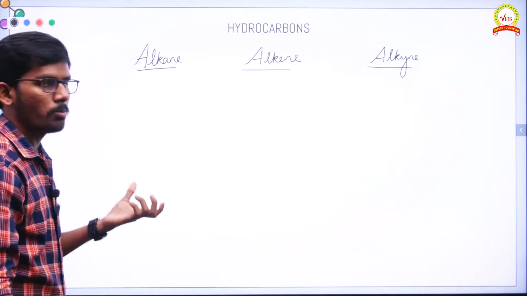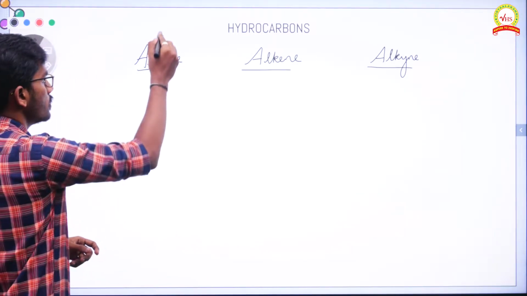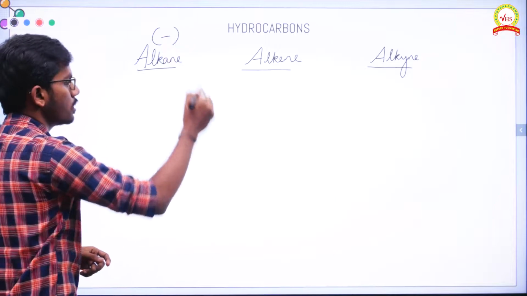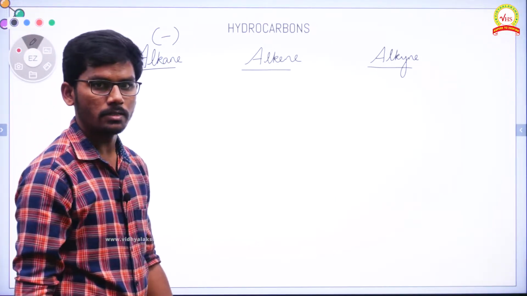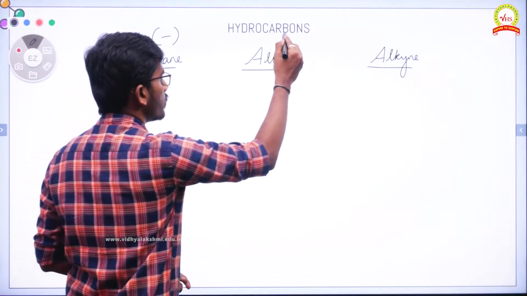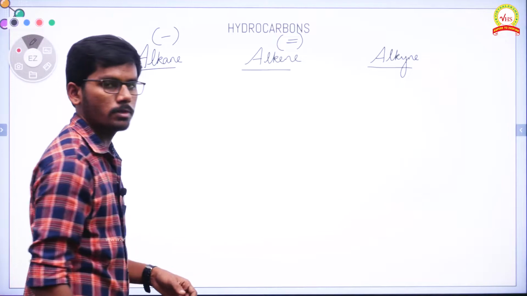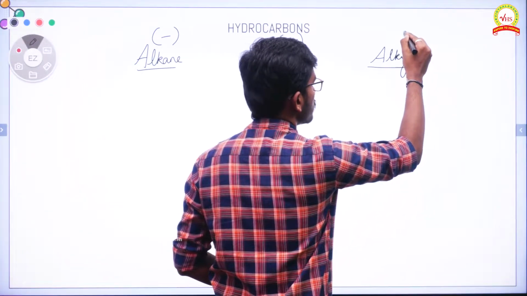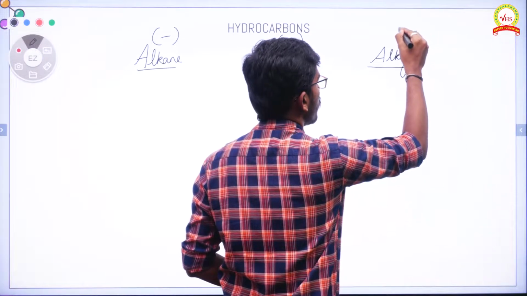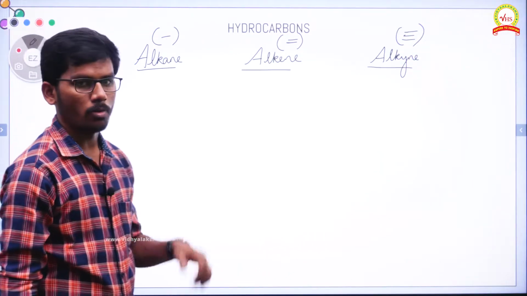Alkane is a series of hydrocarbon compounds which have only single bonds between carbon and carbon atoms. Whereas in the case of the alkene series of compounds, there would be a double bond between any two carbon atoms in the chain of that compound. In the same way, the alkyne series will have a triple bond between carbon-carbon atoms in that compound.